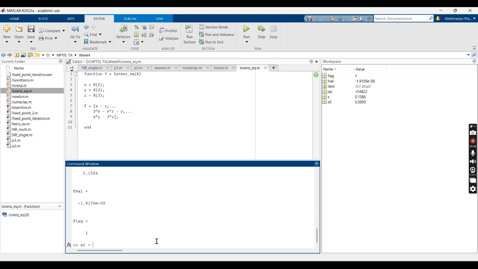We will use the initial conditions 1, 1, 1, and x, fval, flag equal to fsolve of the Lorenz function, and I will use this x0.